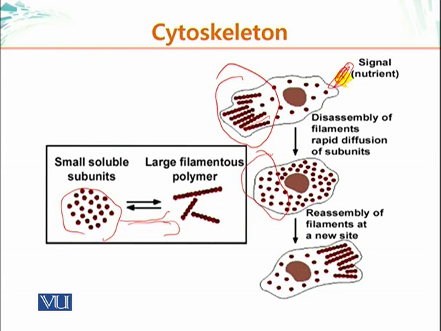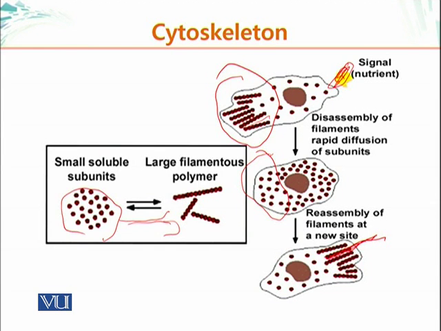One of the ways cells can extend their membrane is by assembling skeletal elements, which will push the membrane in the desired direction. So when the skeletal elements start assembling here, forming polymers, they can push this membrane or the cell in this direction. Consequently, as a result of which, the cell will move in the desired direction.